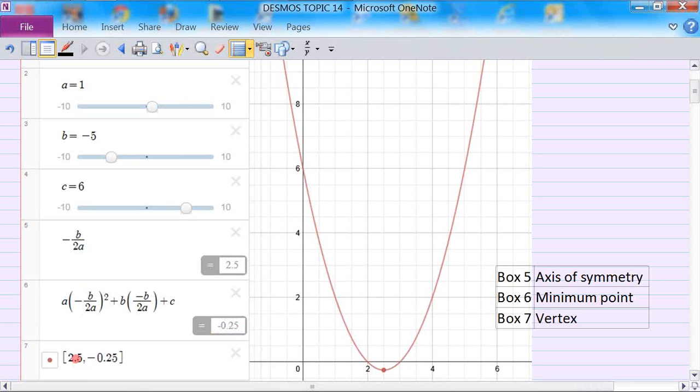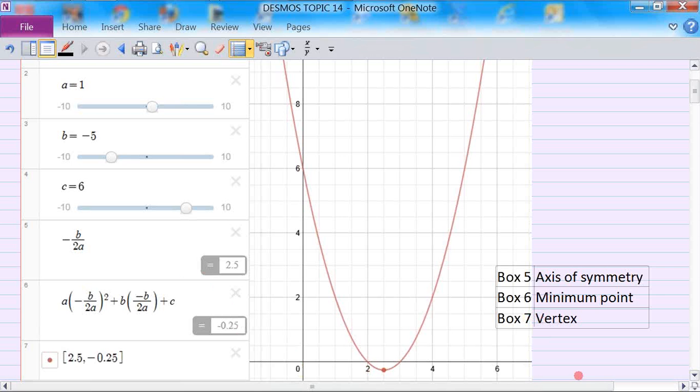So here's the axis of symmetry point right here, the x value and the y value, and that gives us the vertex, and that's plotted right here, 2.5, which is right here, and minus 2.5 on the y-axis. So box 5 is the axis of symmetry, box 6 is the minimum point, and box 7 is the vertex.